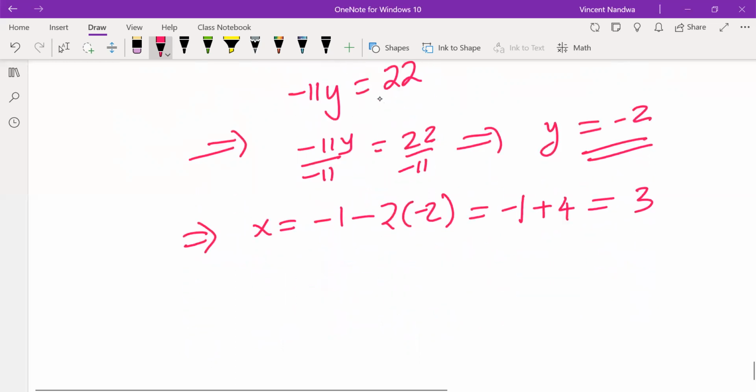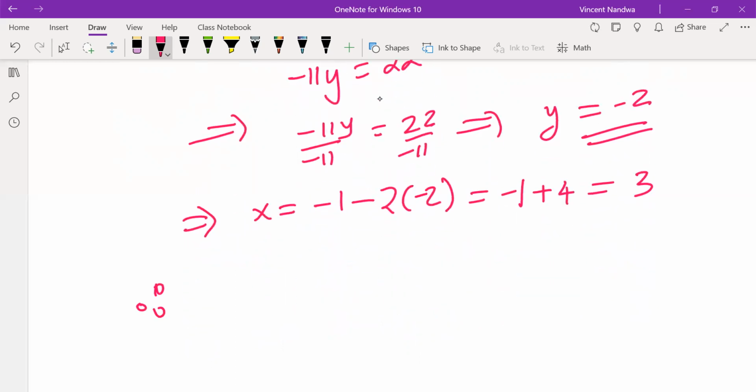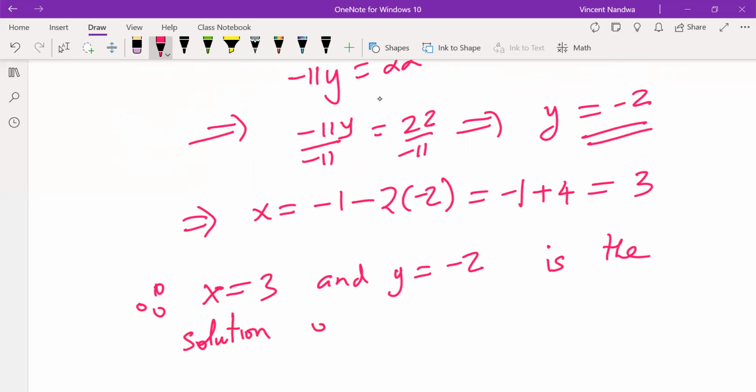Hence, the solution x equals 3 and y equals -2 is the solution of the simultaneous equations.